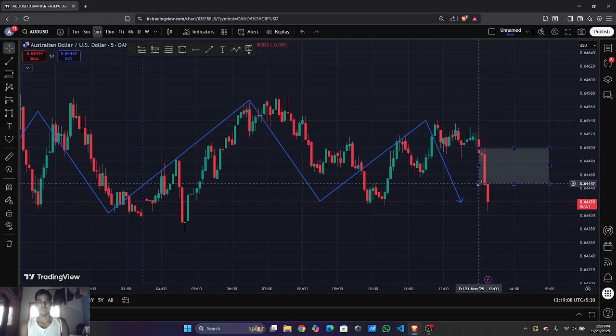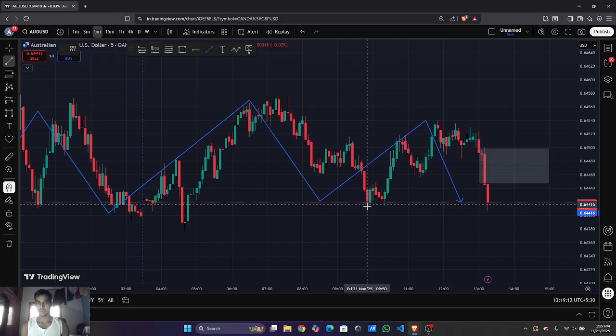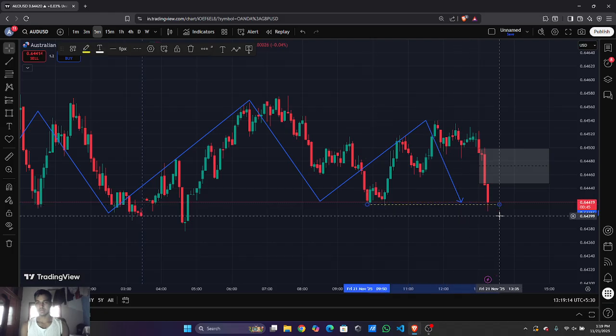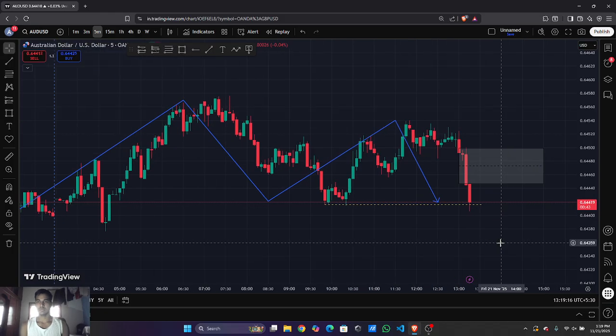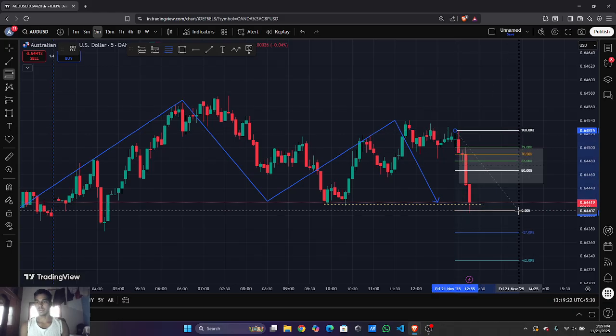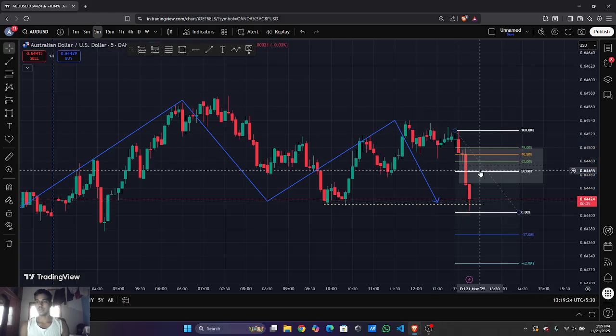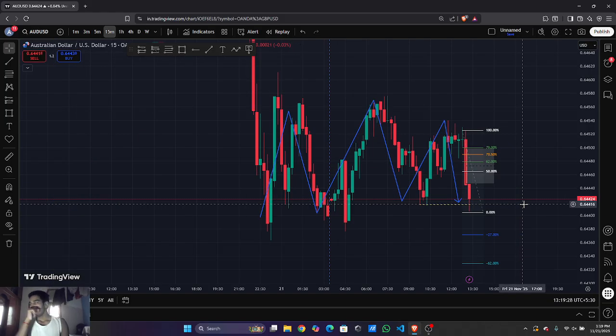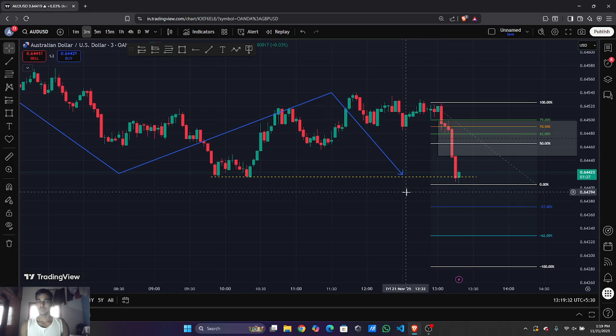We need a level for entry. So it can either retrace 50% of this move, which is actually this fair value gap where we can enter. Okay, we'll wait.